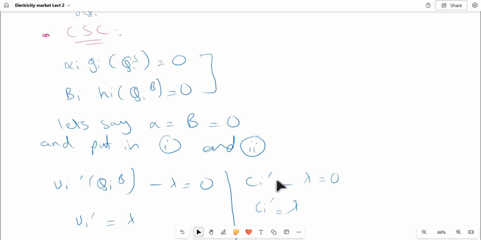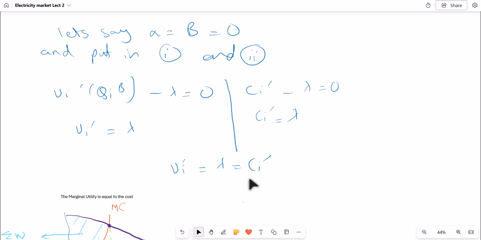And when we put this in 1 and 2, we say that the marginal utility will be equal to the marginal cost at lambda.